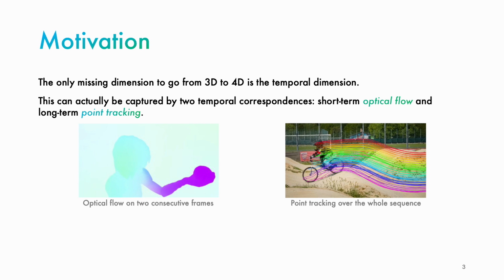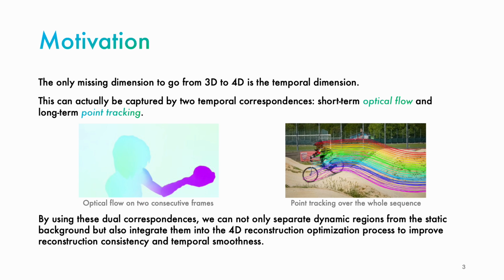Specifically, we utilize short-term, dense correspondences derived from optical flow, and long-term, sparse correspondences obtained from point tracking. By integrating these dual correspondences, we can not only accurately segment dynamic regions from the static background, but also incorporate temporal smoothness constraints into the optimization process, leading to a more consistent and coherent 4D reconstruction.